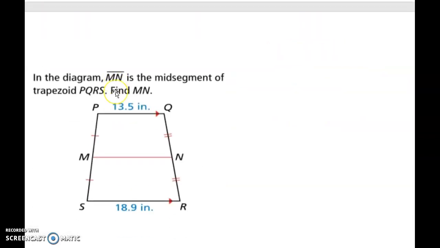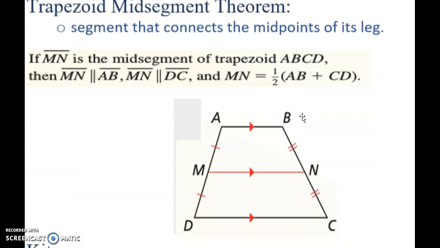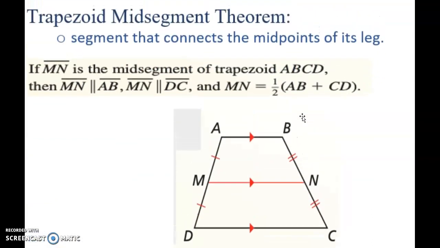I have another question for you. In this question, they are talking about something about the midsegment. To understand this question, we have to understand one theorem of trapezoid that talks about midsegments. Let's understand that. Trapezoid midsegment theorem, as the name suggests, a midsegment is a segment that connects the midpoints of its legs.